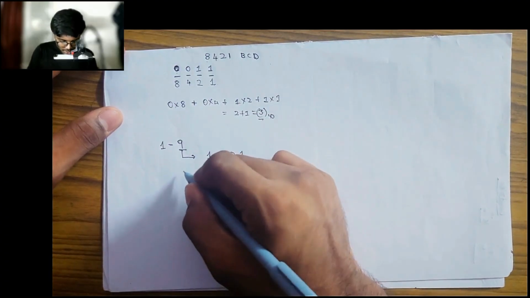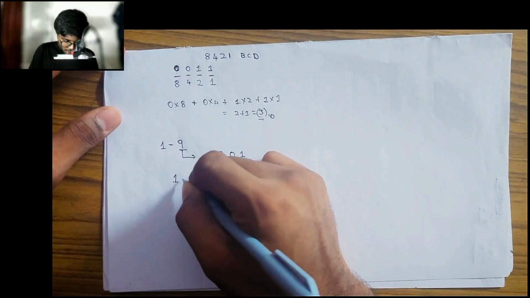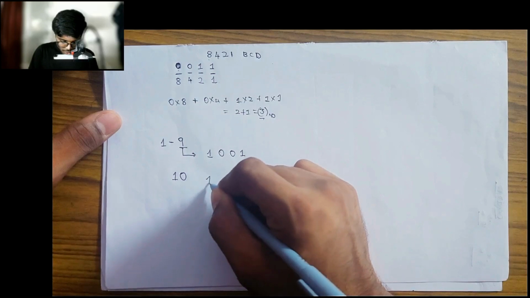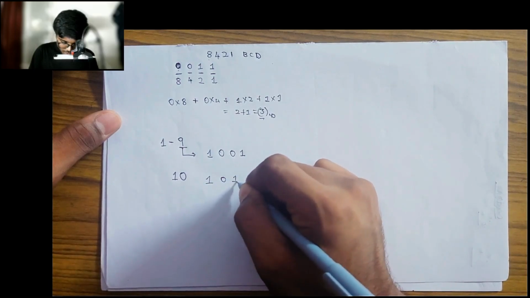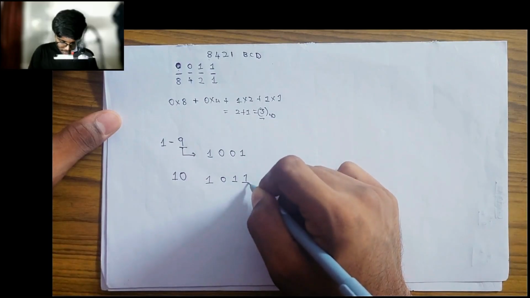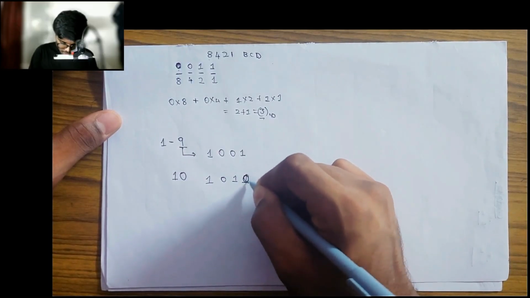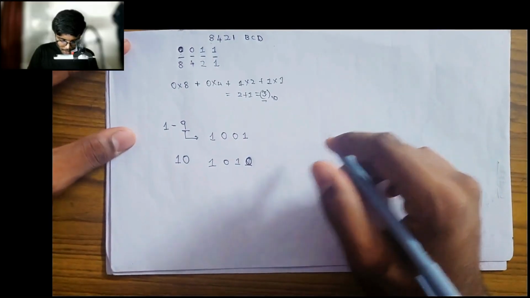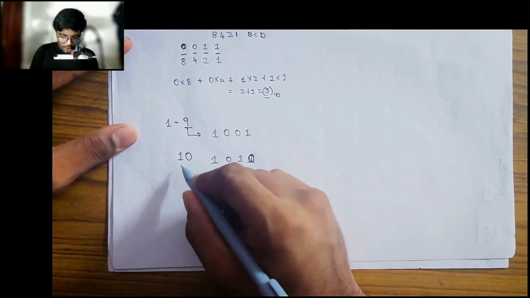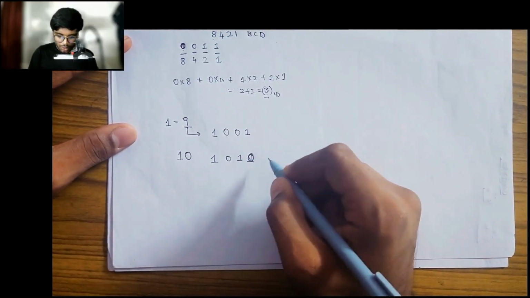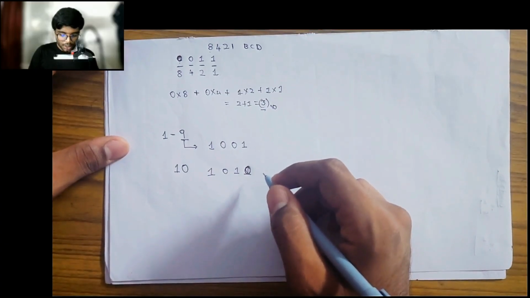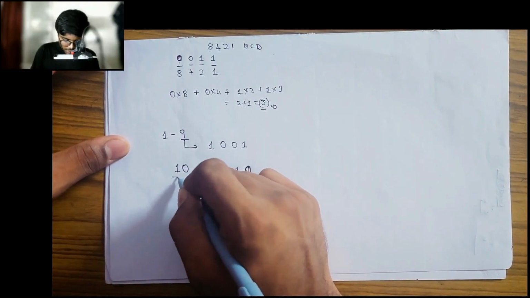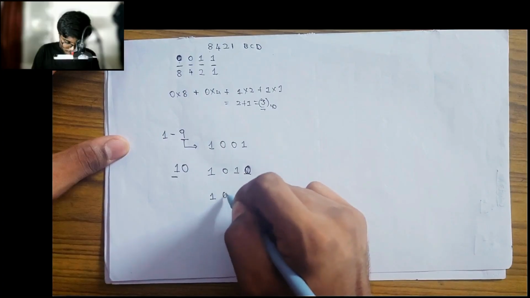But for double digits, let us say for example 10, the binary code is 1010, that is 8 plus 2. But for BCD code, 10 is not represented as 1010. For all double digits in BCD code, we represent them digit by digit.